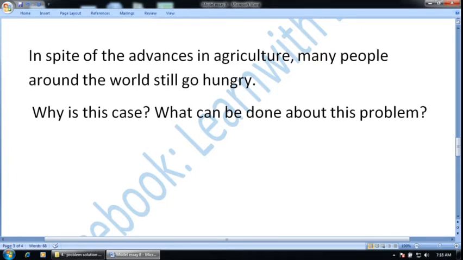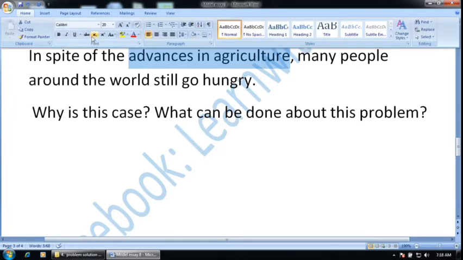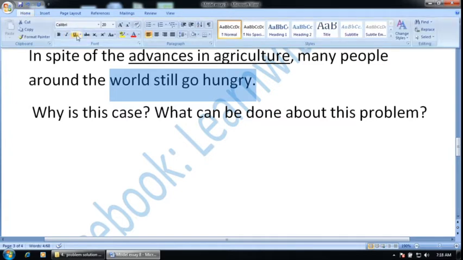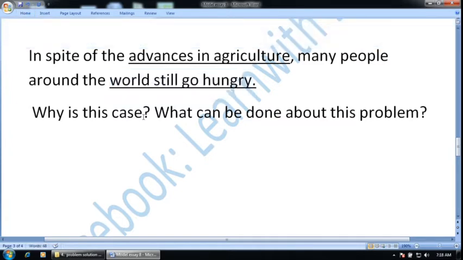When you take your exam, when you are in your real exam, after reading the question you need to underline the keywords. Despite advances in agriculture, many people, the word still, go hungry, many people still go hungry. These are the key words for this lesson, for this essay.